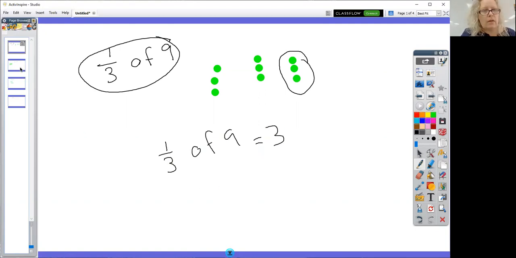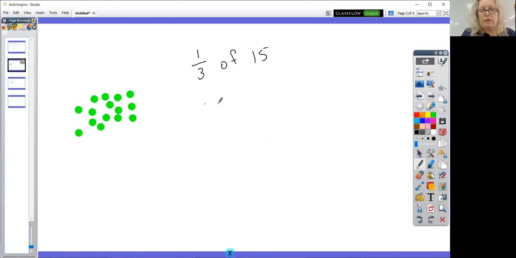I'm going to do another one. A third of 15. So we've got 15 things and we have to put them into 3 groups and see how many is in each group. I hope you can guess before I've finished.